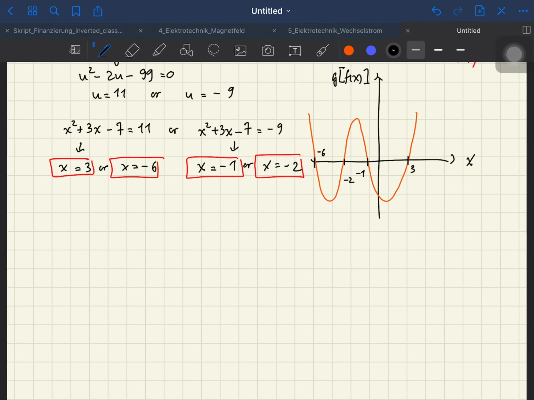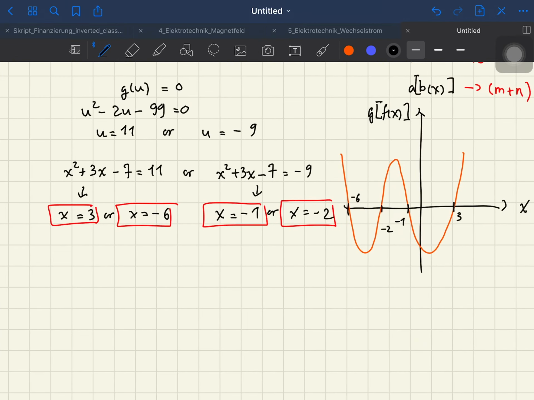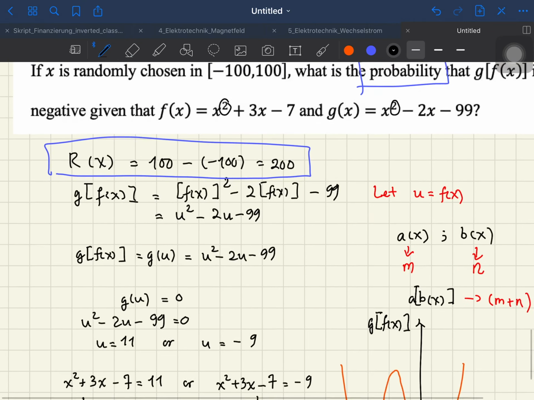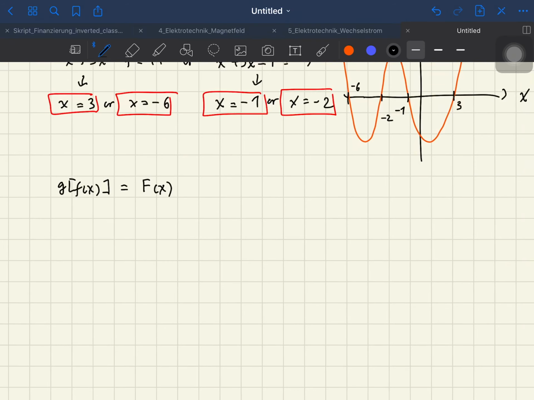The probability of getting g(x) negative is when your function, okay, we try to denote again that g(x), where the composite function, is less than 0 or negative. Let's say we use g(x) as a capital F(x).